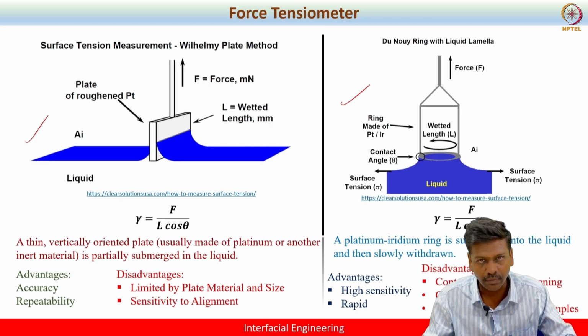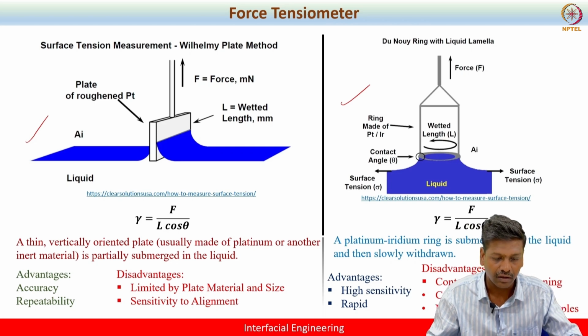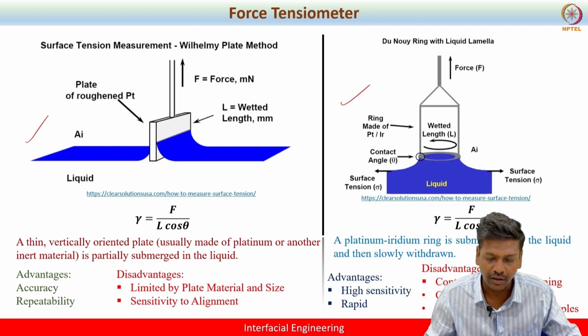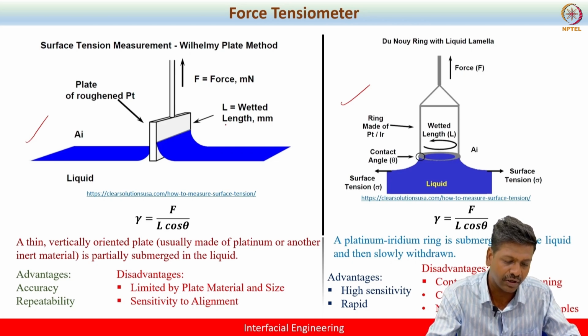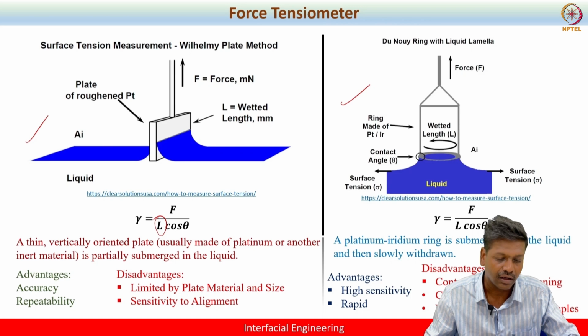The Wilhelmy plate method uses a rectangular plate, whereas the Du Noüy ring method uses a ring-type device to measure the surface tension. So what will be different is the wetted perimeter that comes along with the geometry.